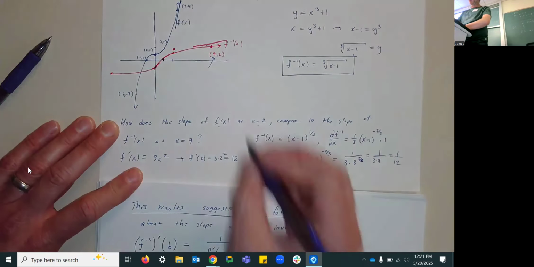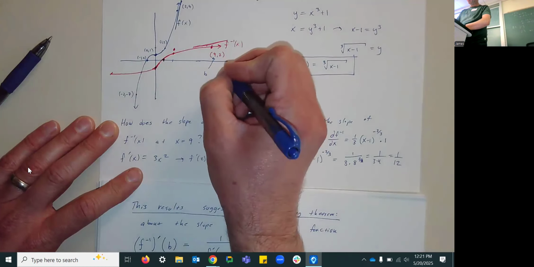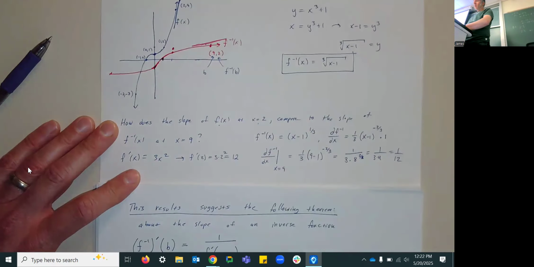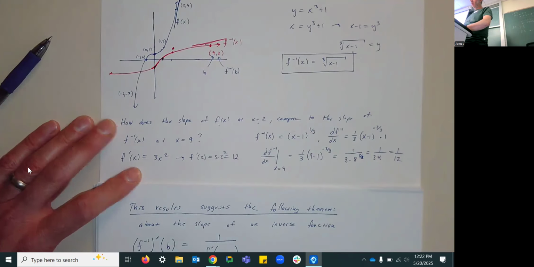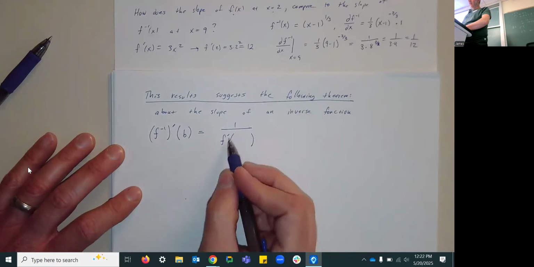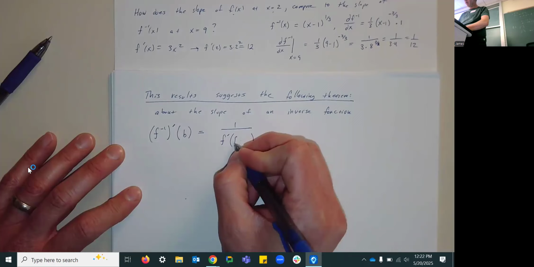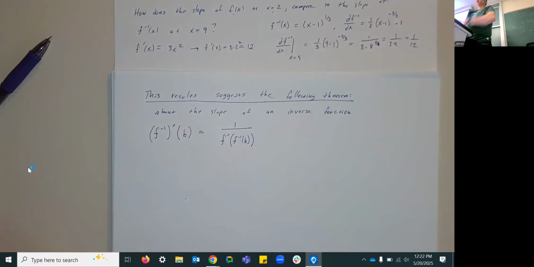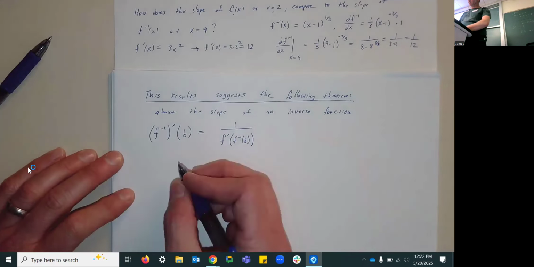If we think of this as b and this as f inverse of b, then the thing we want to plug into f was the 2 part, which is the f inverse part. So we actually want not f prime of b, but f prime of f inverse of b, the corresponding value on the other function. And that's kind of it.